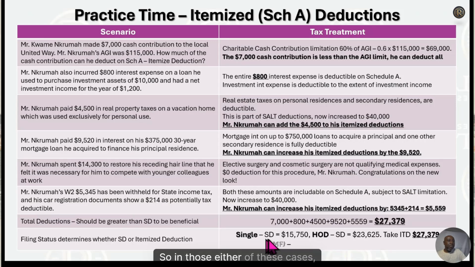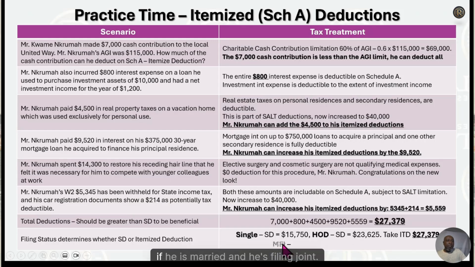So in either of these cases, he's better off itemizing, taking the itemized deduction of $27,379. He'll be able to reduce his income by this number rather than these other ones, because this is bigger. It will reduce his $115,000 much further down than if he chose the standard deduction. So by itemizing, given these filing statuses, he's better off.